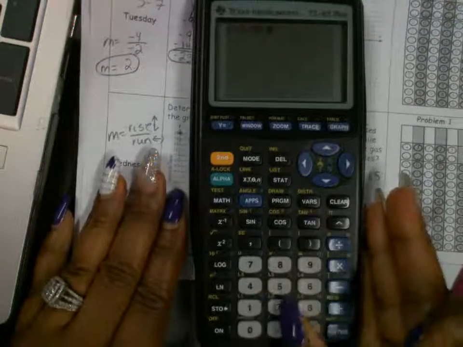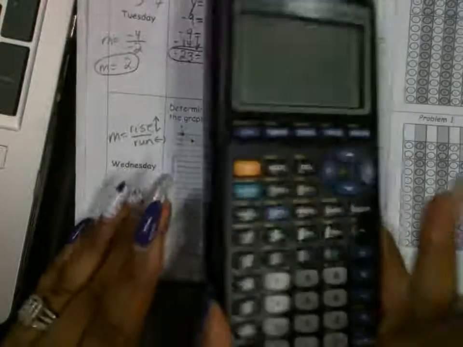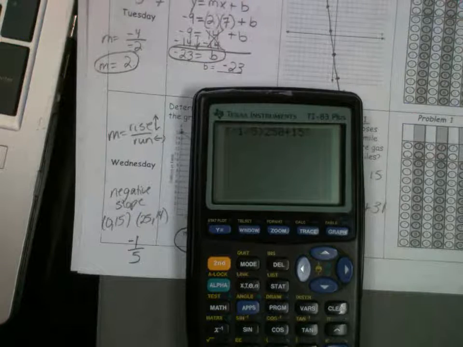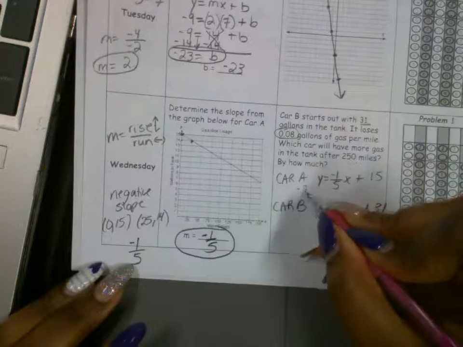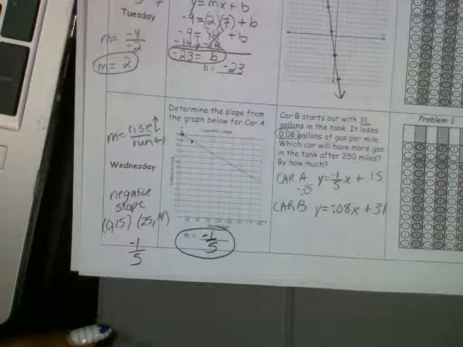So that's times 250. And I add 15. And let's see how much gas is left. That's -35. So for this first car, it's -35 gallons.